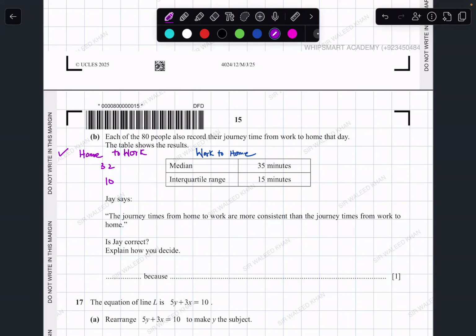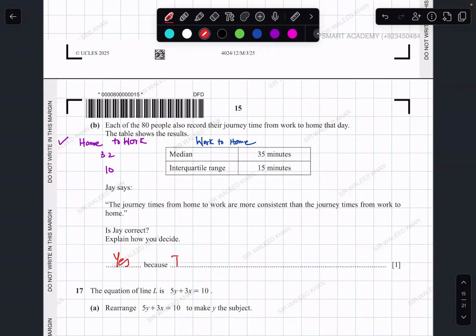If it's lower interquartile range, then the consistency will be more, right? So yes, he's correct. J is correct. Why? Because the interquartile range, IQR, is lower for journey time from home to work.